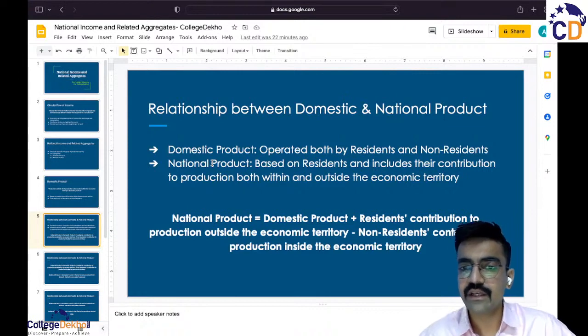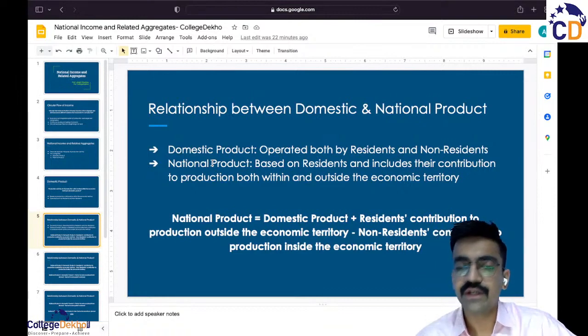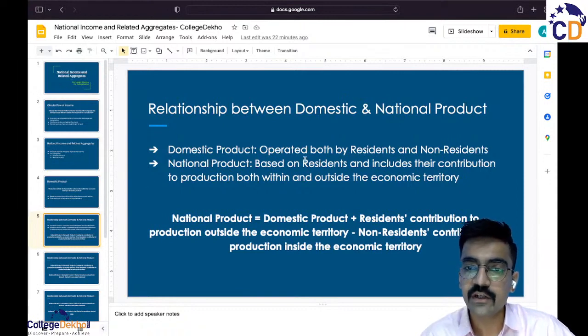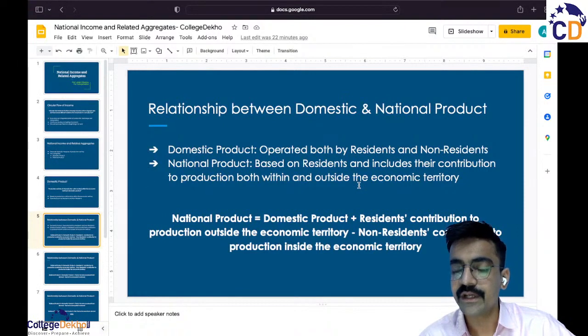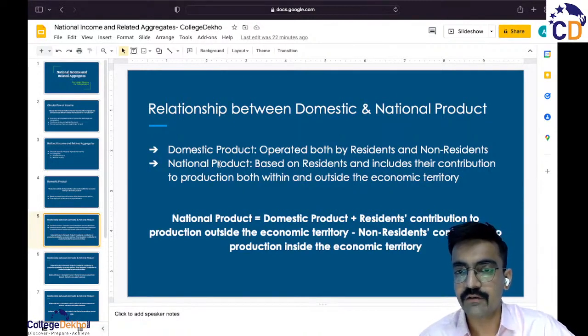And after that, he is producing something out of the country. But firstly, what matters here is that that person is a resident of the country, and because of this, whatever production is being added by him, whether within the economic territory or outside the economic territory, will be included in the calculation of national product, because that value is being added by a citizen of this country, right?